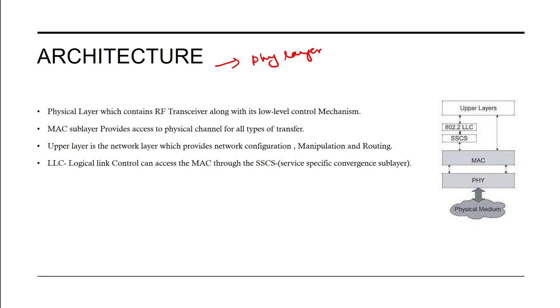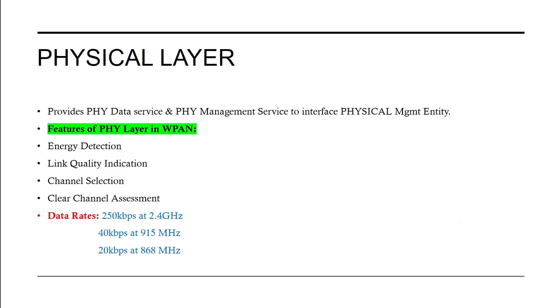The upper layer is the network layer, which is used for network configuration, manipulation and routing. Next comes the logical link control. LLC stands for logical link control, and SSCS stands for service specific convergence sublayer. These are the layers present in IEEE 802.15.4.